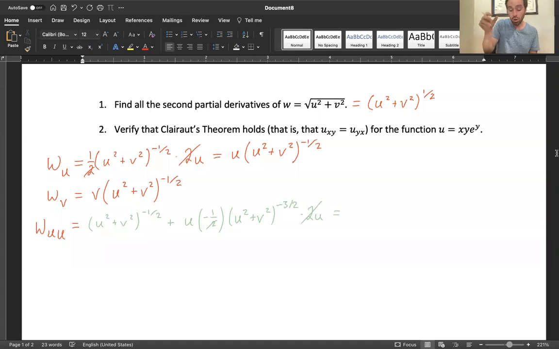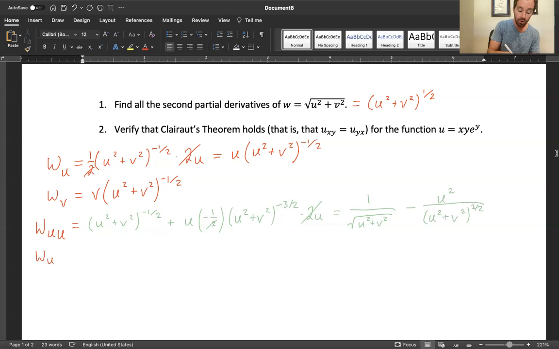I'm going to get it into a more convenient form, like 1 over square root of u squared plus v squared. And then this will be minus, there's that minus sign sneaking in there, u squared over u squared plus v squared to the 3/2 power.